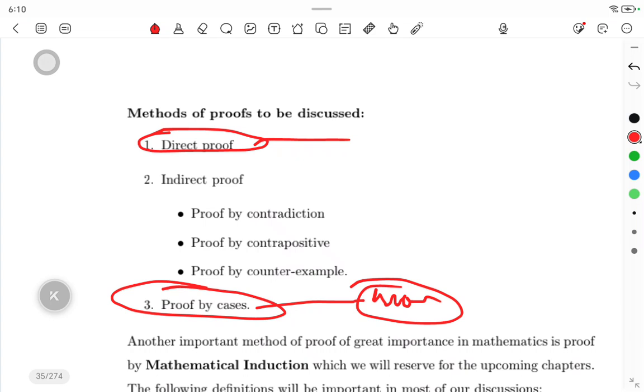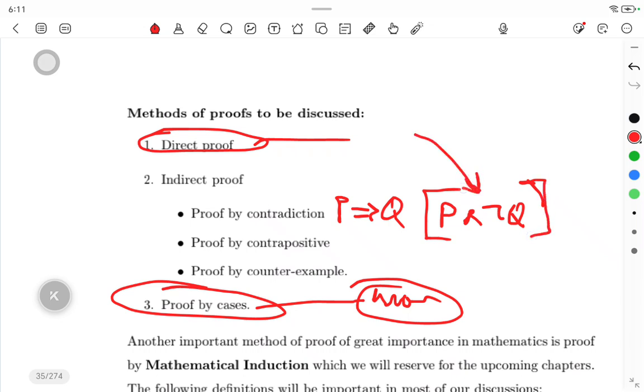When we come to indirect proofs, that's where things differ. When we look at proof by contradiction, it says that if I'm given P implies Q, I'm going to keep the hypothesis and negate the conclusion. You see, right? This will be your assumption.